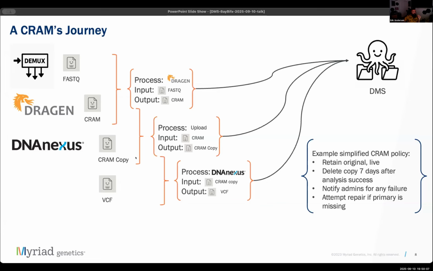The orchestrator then copies the CRAM file to DNAnexus and registers the transfer and validations with the DMS, just like it did with the alignment. The DMS expects this copy and in turn does nothing. After copying, the orchestrator runs variant calling and registers its CRAM input and VCF output. The DMS recognizes success. After 7 days, the file is retired and the action recorded.